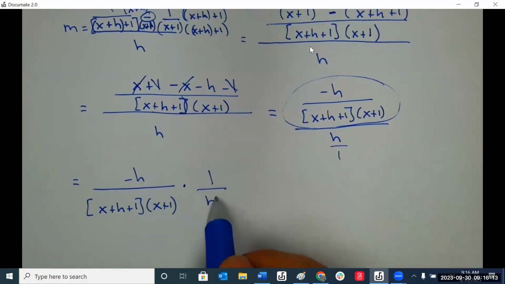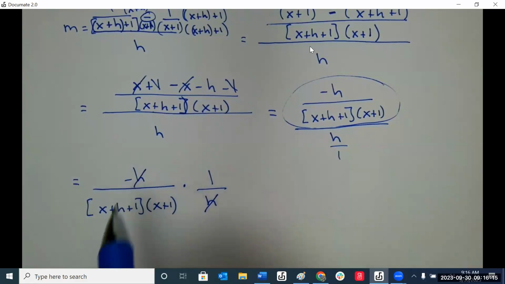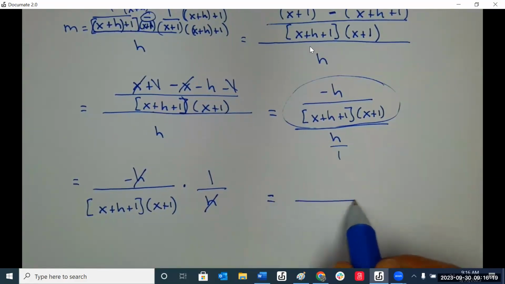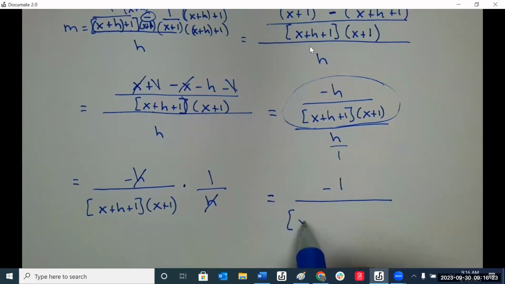Since they're multiplied, this h and this h cancel. So that leaves us negative 1 over x plus h plus 1, x plus 1.